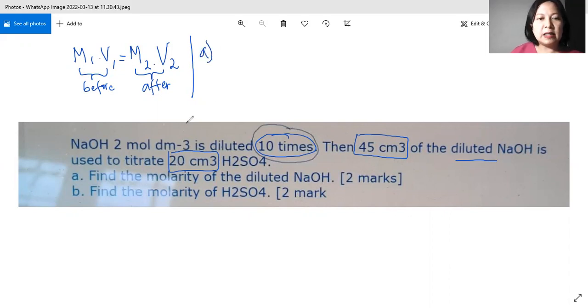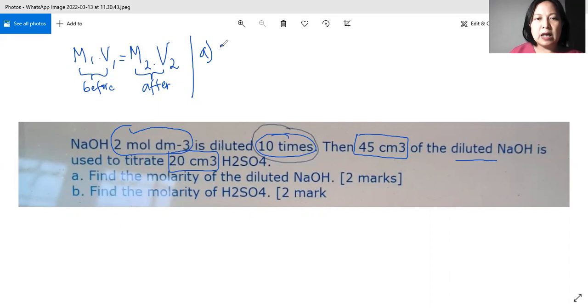In this case, we still don't know how much of the sodium hydroxide solution is used in dilution, but we can just put it as V1. The M1, or the molarity before dilution, is 2 mole per decimeter cube.